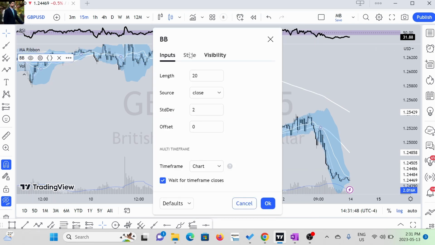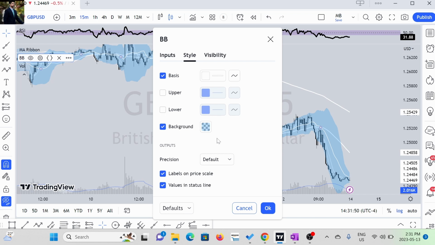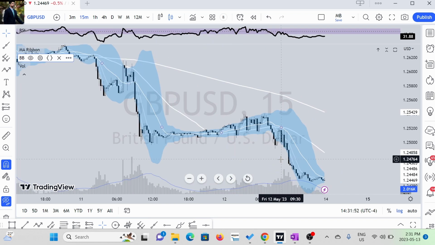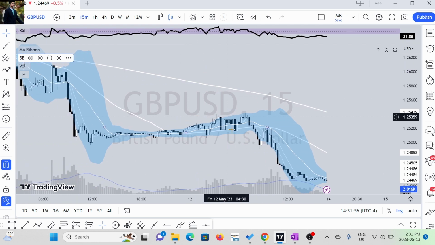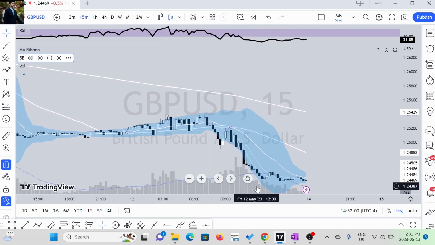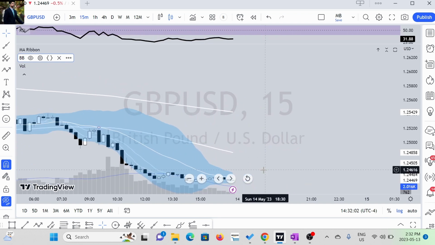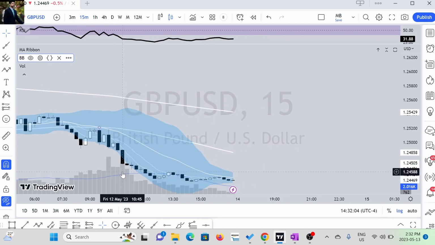I don't use the upper band and the lower band, I just use the background so that I don't have extra lines confusing me. This is the moving average 9. In case the price is going above that, this is a trending sign, and the price goes in that direction.